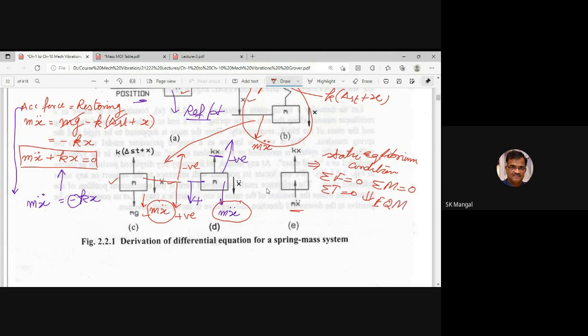So again, in this case, you can consider any sign convention here. Suppose this is your positive sign convention, this is negative one here.